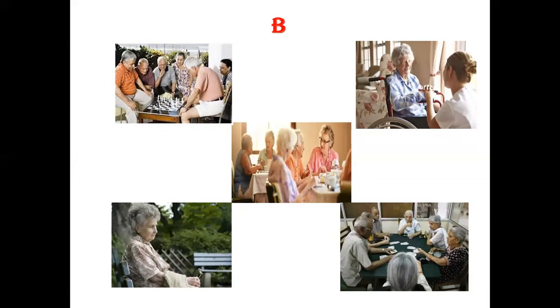So probably, I'm sure all of you will come up with the answer that these pictures are pictures of elderly people. This is number one. And they must be pictures of people in homes for the aged, or in other words, old age homes, right? And how would you know that, students? By taking a look at these things that they're doing together.